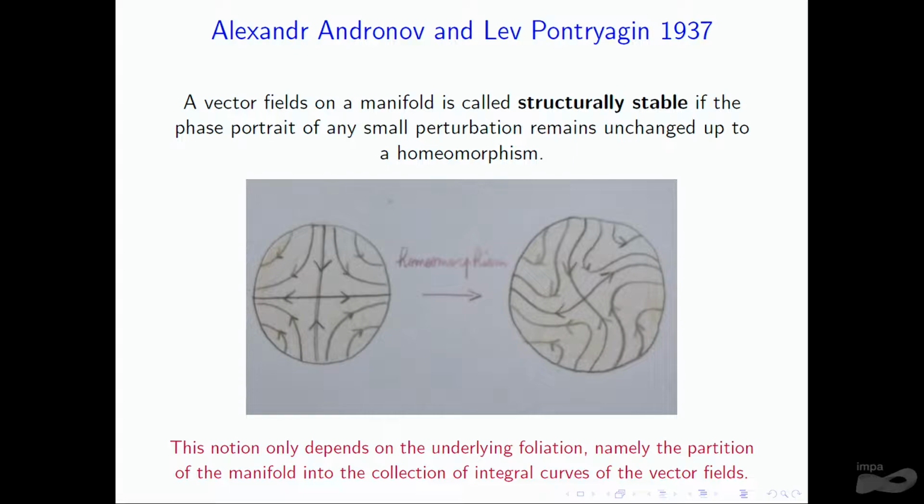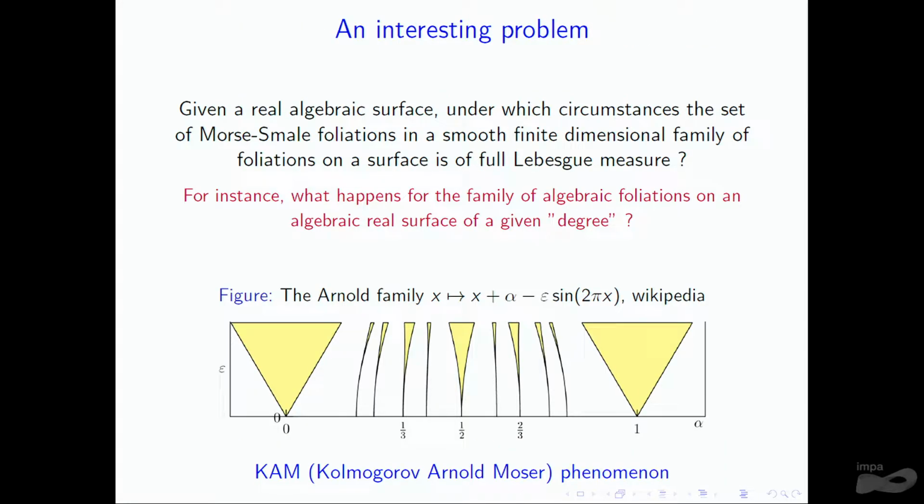And in particular, you can try to cut and consider finite dimensional families and try to understand and make pictures of that. So let me just show you one of these pictures. This picture is due to Arnold.